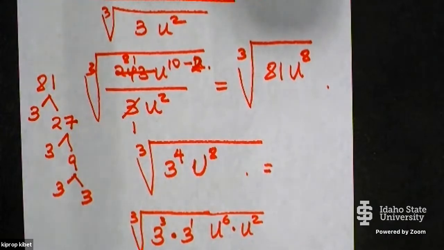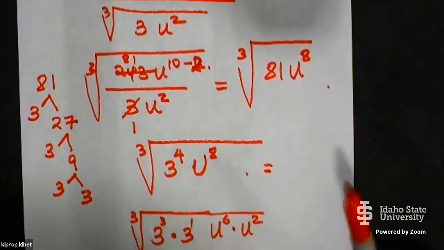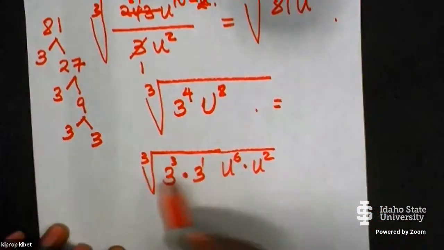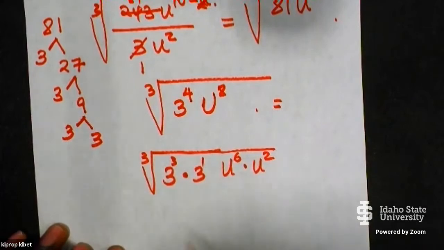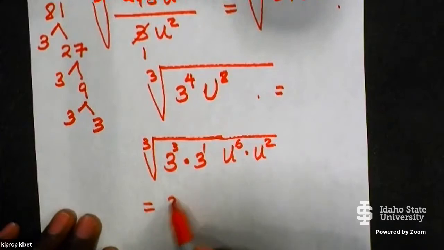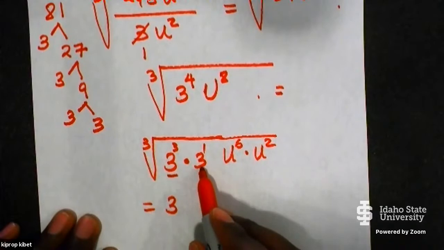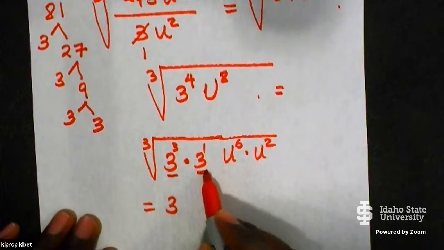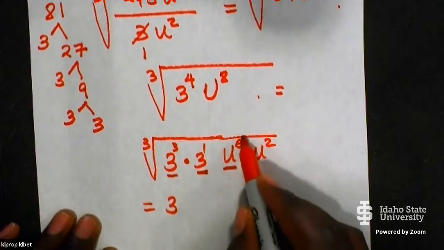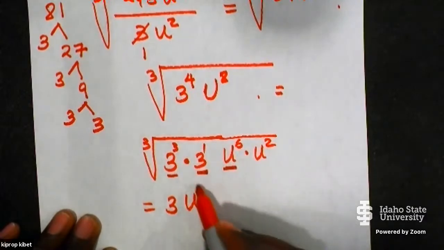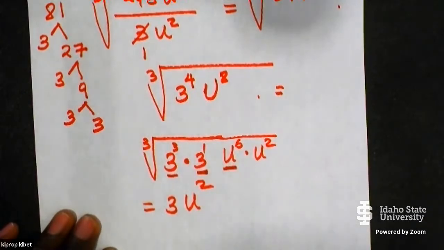We know that the cube root is the same as raising to 1 over 3. So when you multiply everywhere by 1 over 3, what do you get? This 3 will be raised to 1, and this 3 will be raised to 1 over 3, right? And then u raised to 6, when you divide by 3, you get u raised to 2, right?